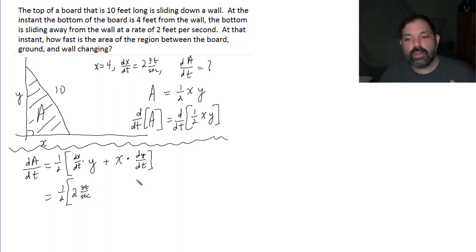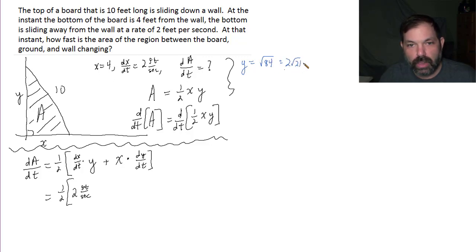Now, we figured out on the previous exercise, and if you didn't look at that, you'll need to go back for the details, we also figured out that at that moment, y is equal to the square root of 84, or 2 root 21. And we figured out that dy/dt was equal to negative 4 over root 21, respectively in feet and feet per second.